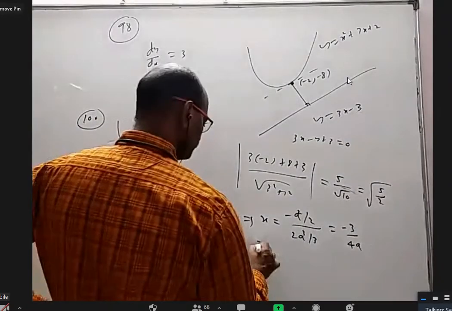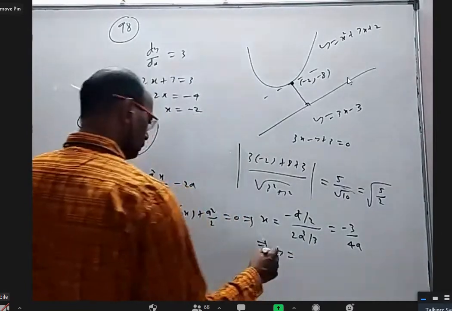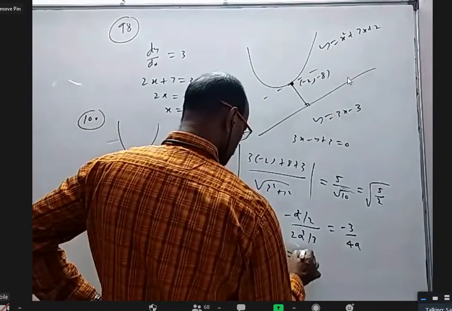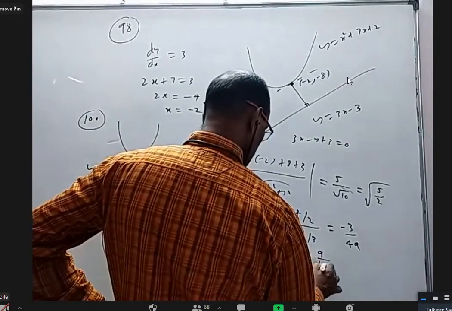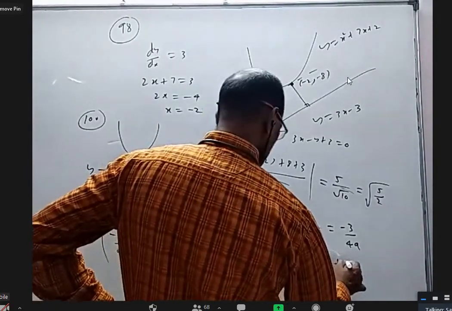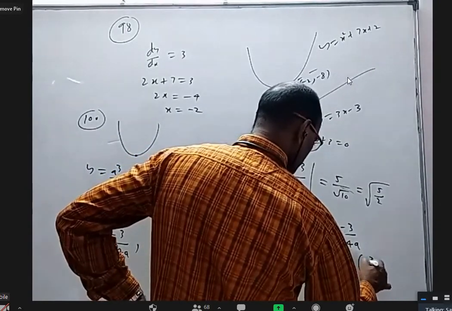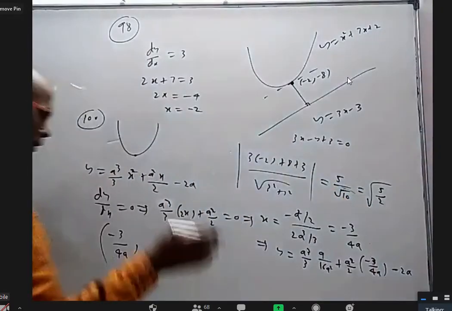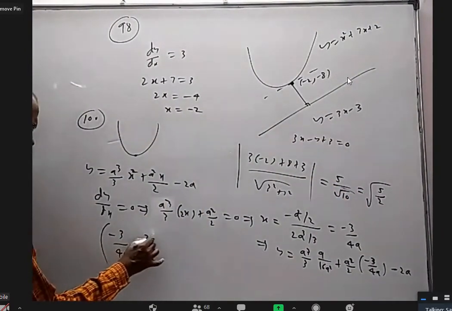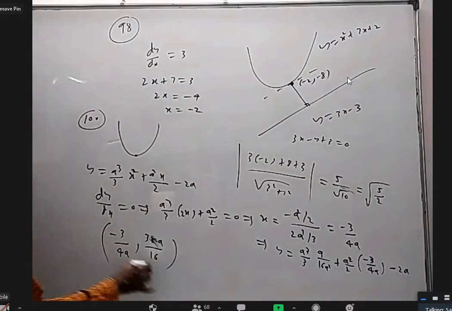Anyway, it's okay. A cube by 3, this is some 9 by 16 a square, plus a square by 2 into minus 3 by 4a, minus 2a. When I simplify this, I'm not sure, maybe 35a by 16 or something like this will come.